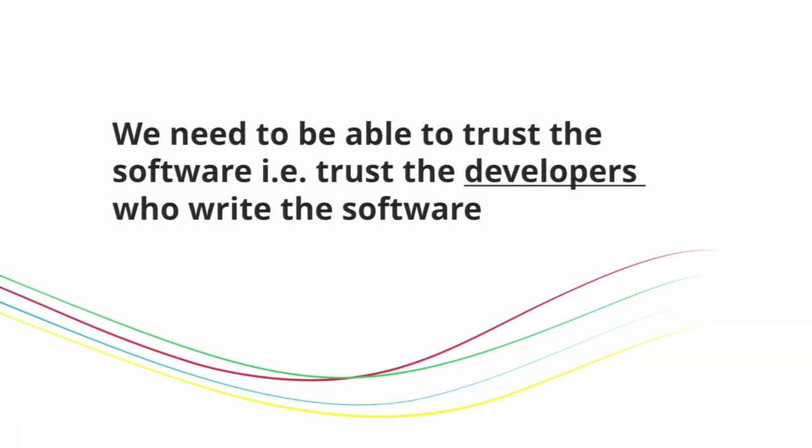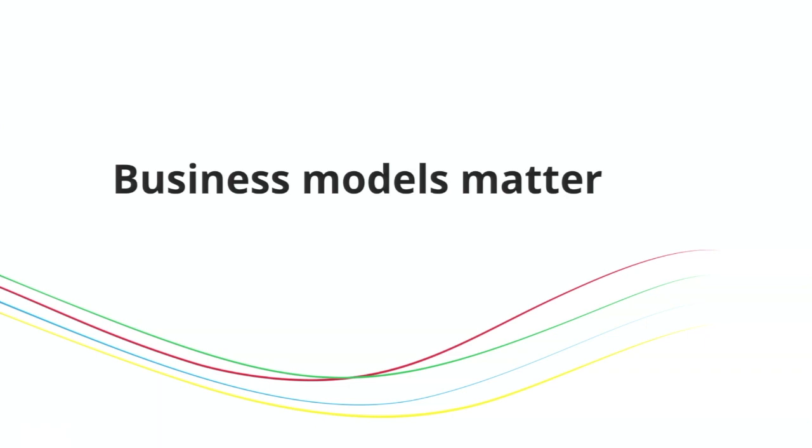And we need to be able to trust the software, which really means trust the developers who wrote the software. This is why I say business models matter. Because in order to be able to trust the developers who wrote the software, you need to know how they make their money. Right? That's critical.